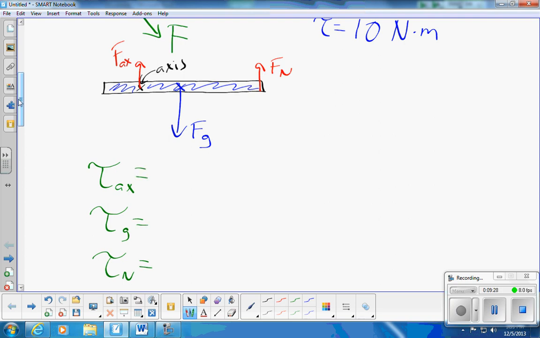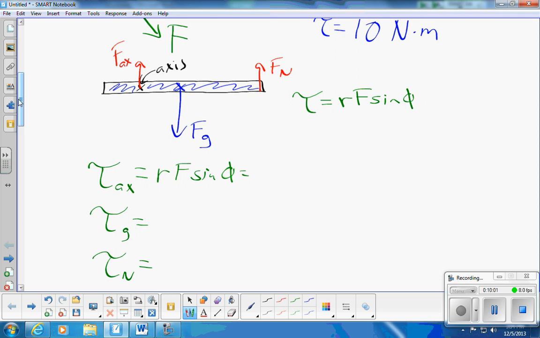Let's apply the general definition, r F sine phi, to each one of these. Okay, the first is the upward force exerted by the pin, what I'm calling F subscript x, the force at the axis. If I write this general formula, r F sine phi, and then plug in the relevant values, well, what is r? r is the distance from the axis of rotation to the point of application of the force.